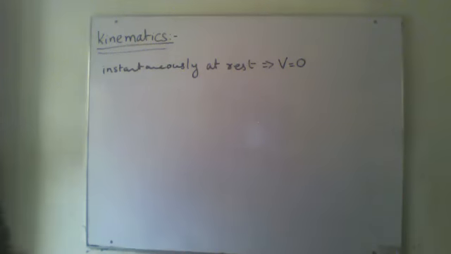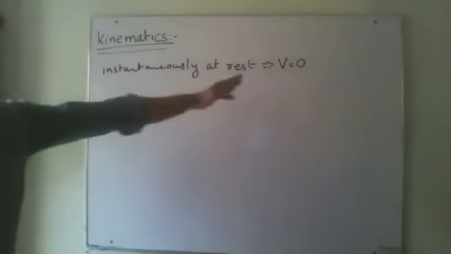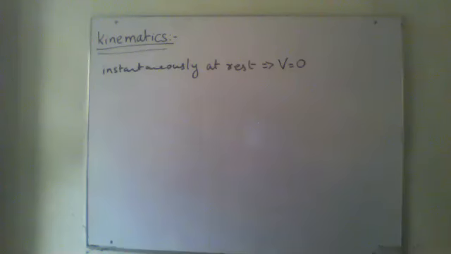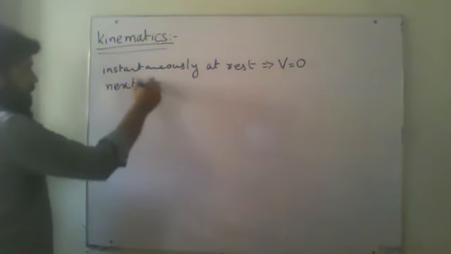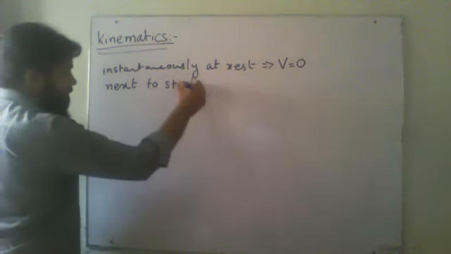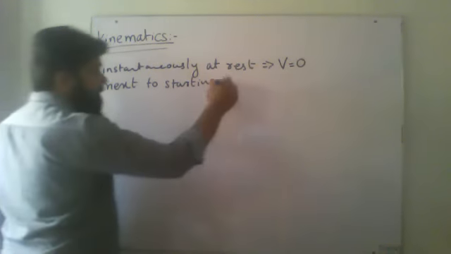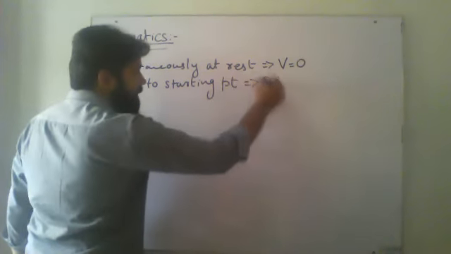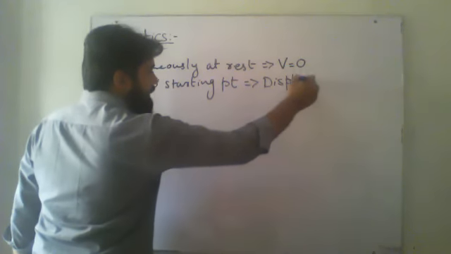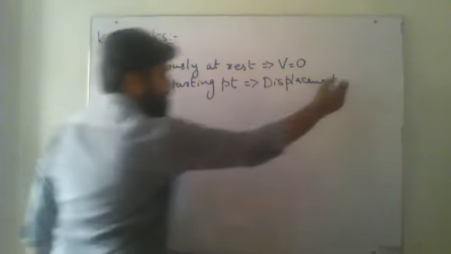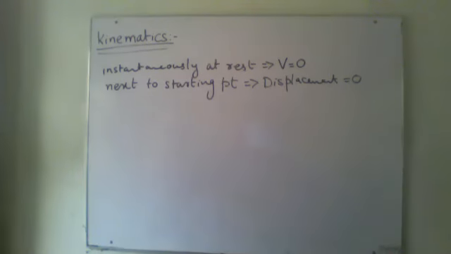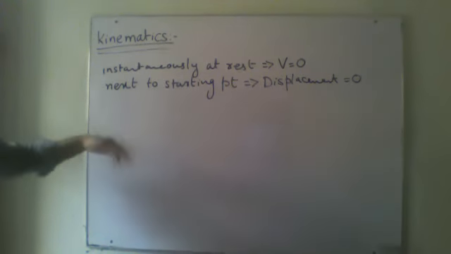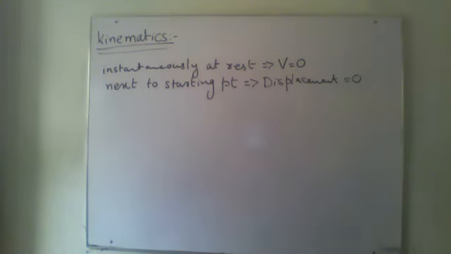And if they are saying a body is next to the starting point, it means you have to take displacement equals 0. These are the terms which are used in kinematics, right?